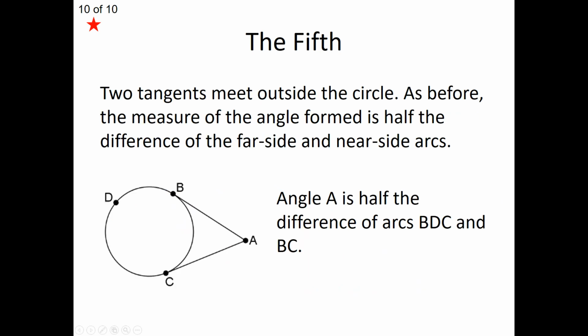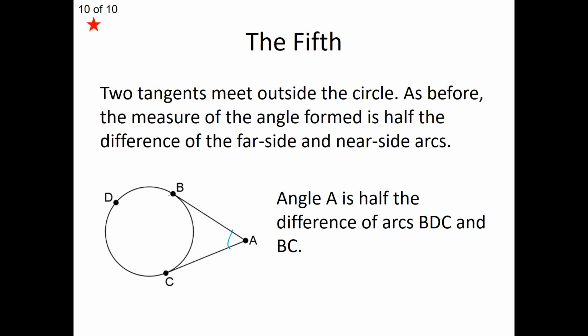Now let's look at the 5th case of our intersections of secants and tangents. We've looked at secants intersecting secants and tangents intersecting secants, but there's this 5th case, which is a tangent intersecting another tangent. So we have point A as the intersection of these two tangents, BA and CA. What we're going to prove again is that the angle formed at A is related to the far side arc that it cuts and the near side arc that it cuts.